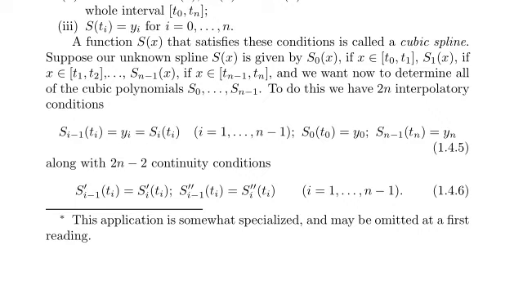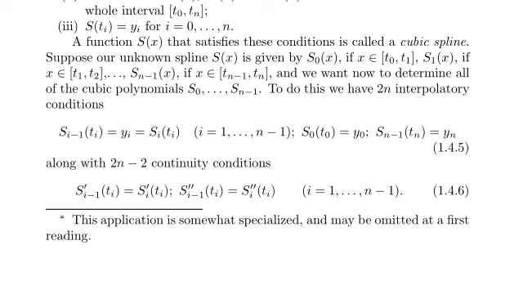Why is it 2n conditions? We seem to have here n minus 1 conditions and 2 more, so surely that's n plus 1 conditions. Okay, well, I'm just going to keep reading.